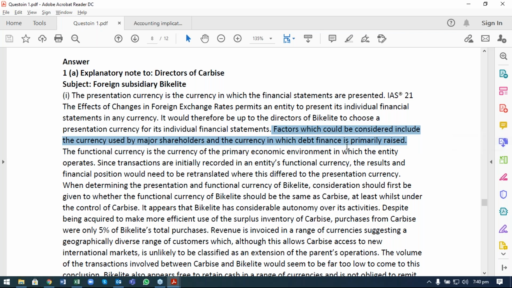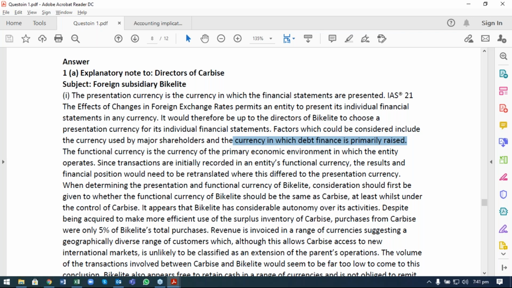Secondly, the company has raised its debt finance primarily in UK pounds, so the company has to present its financial statements in UK pounds so that the debt providers, the loan note providers, the lenders to the company can better understand the situation of the company if it was presented in pounds. I hope you get a link between these two.